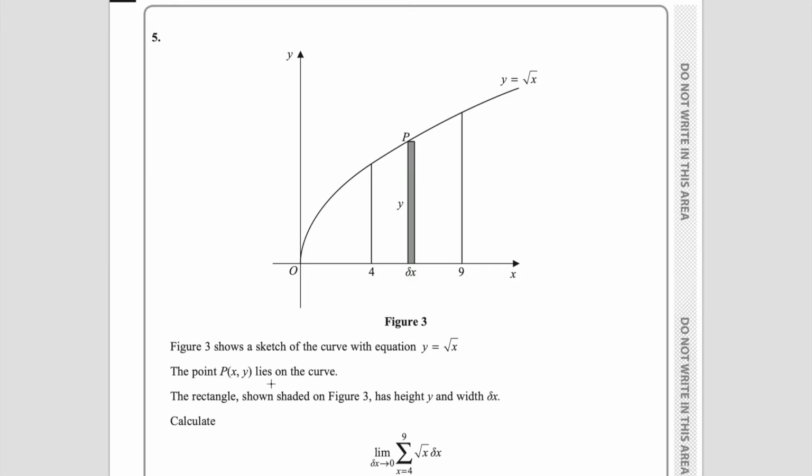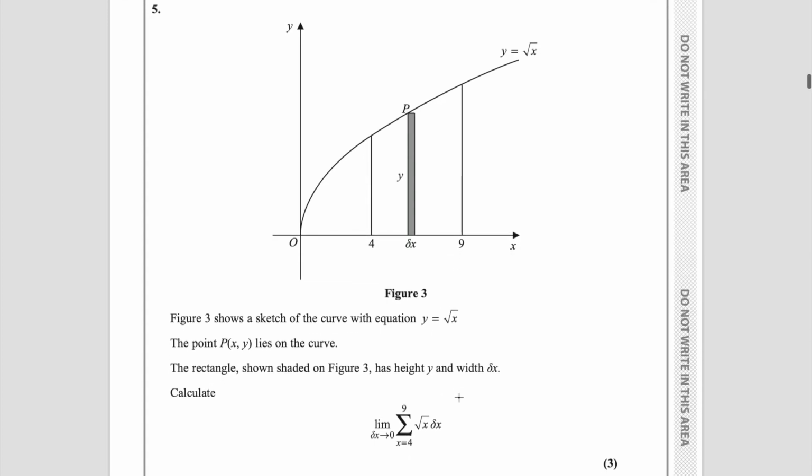And what we're asked to do is calculate, as delta x tends to 0, what the sum of these rectangles are between 4 and 9.